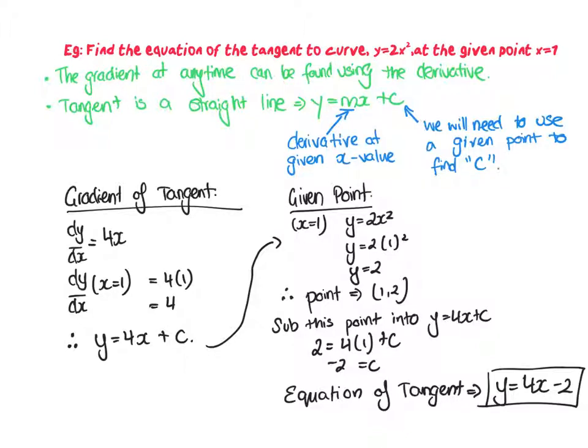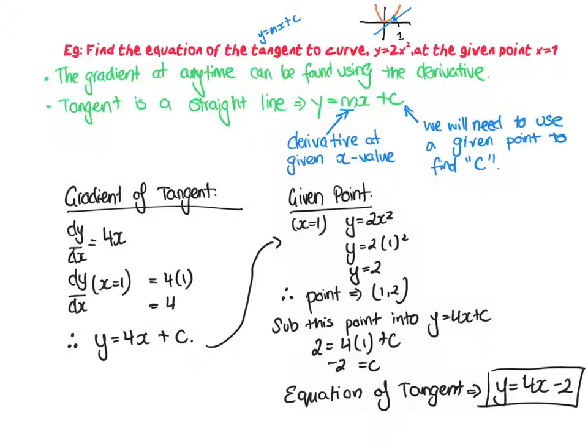Just to give you a visual, we have our normal equation line, y equals 2x squared, and then when x equals 1, you're going to find that tangent line. Because the equation of the tangent is a straight line, we'll have y equals mx plus c. First of all, I'm going to find the gradient.